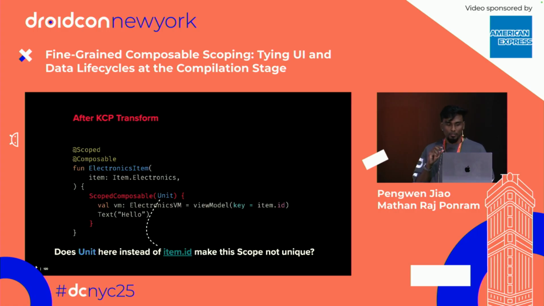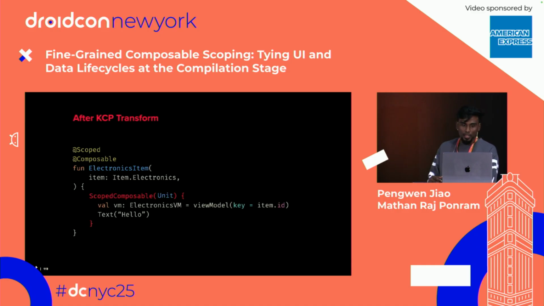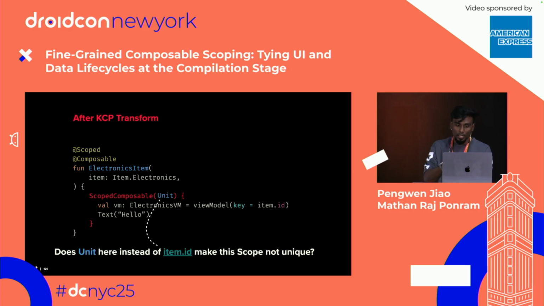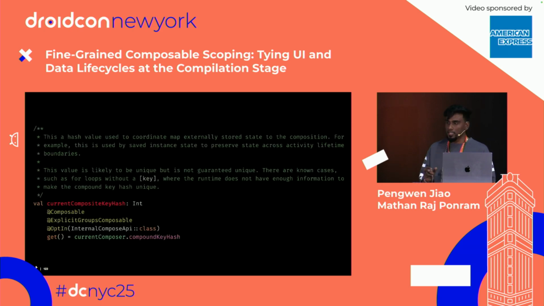But why are we doing it with the unit? Because before, we needed a runtime variable of item.id. We wanted to make it unique. Right now, it's not very unique because of unit, but we can make it unique by simply using the current composite key hash, which is a key hash that is part of the binary or the APK bytecode, stored as part of the compose lowering, and we can get that.